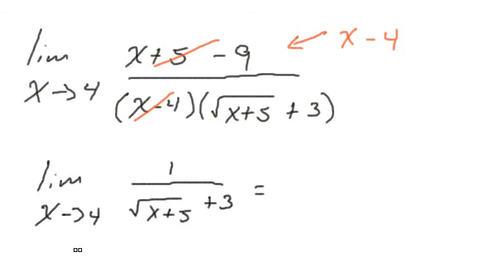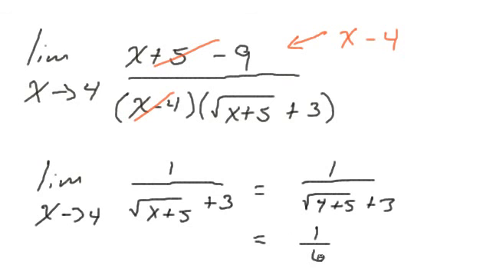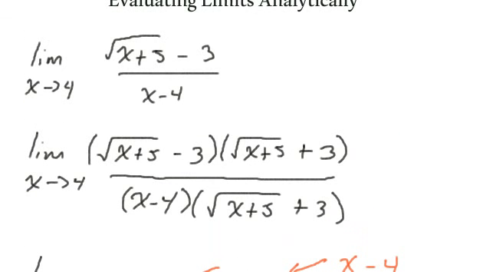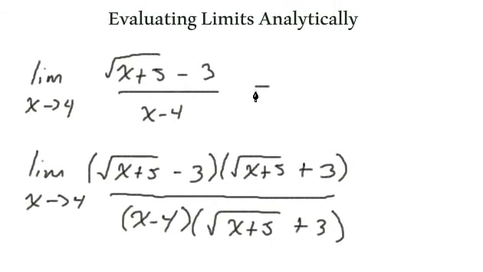Now we can just do the direct substitution, plugging 4 directly in, and we get 1 over the square root of 4 plus 5 plus 3, and that's all going to simplify down to 1 over 6. And so we can say that our original limit is equal to 1/6.